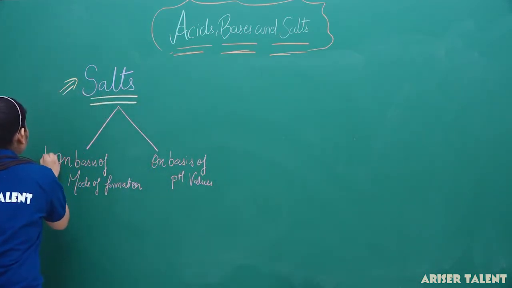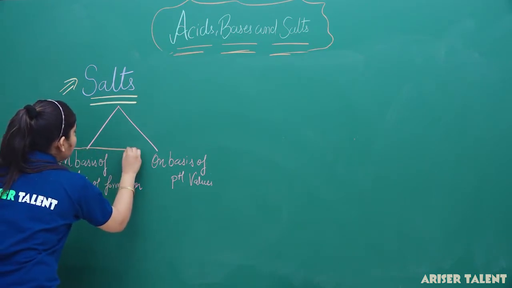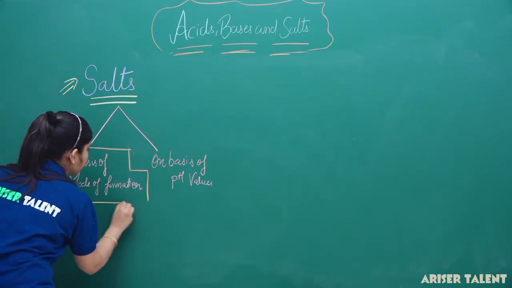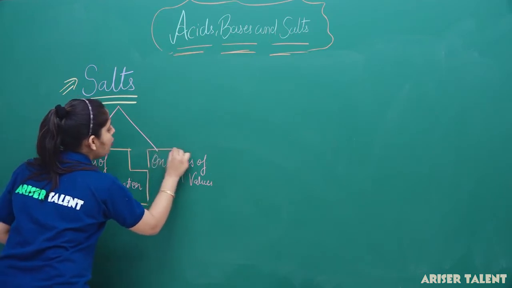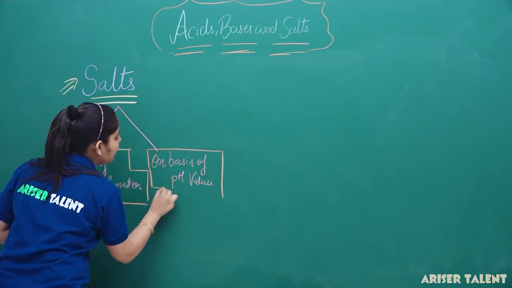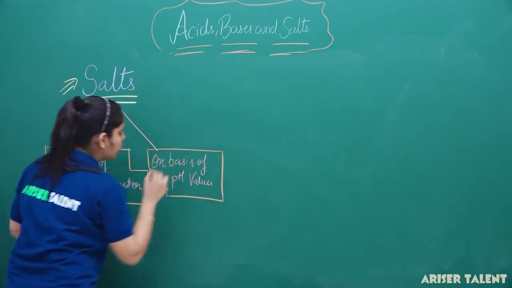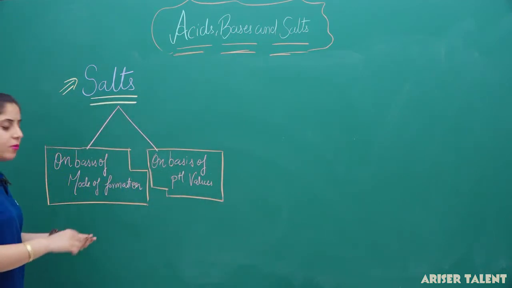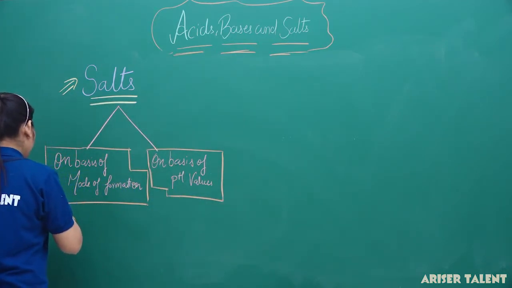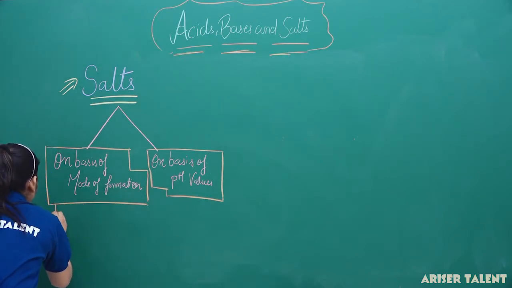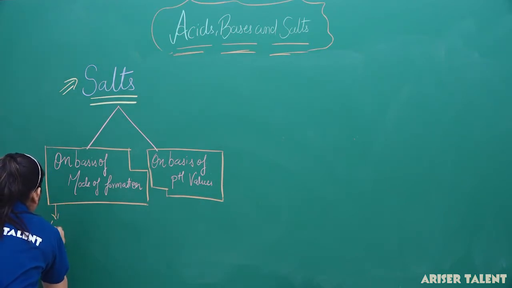On the basis of the mode of preparation we have a variety of salts, and on the basis of pH values again we have three categories. Depending upon the mode of formation, the first category is normal salt.